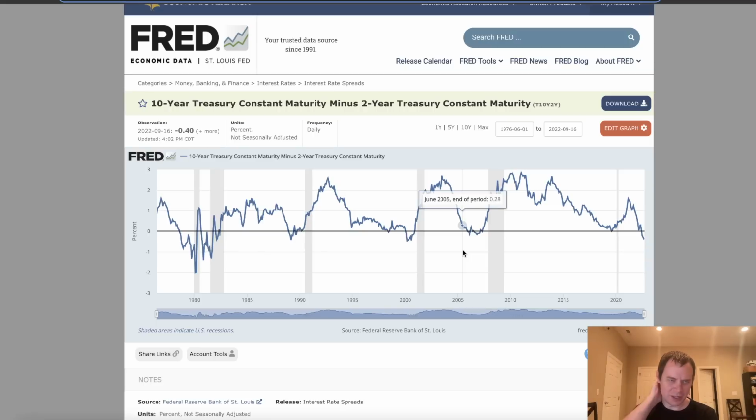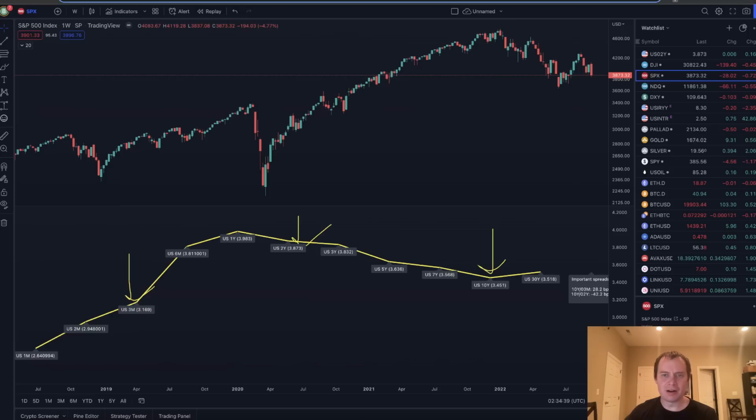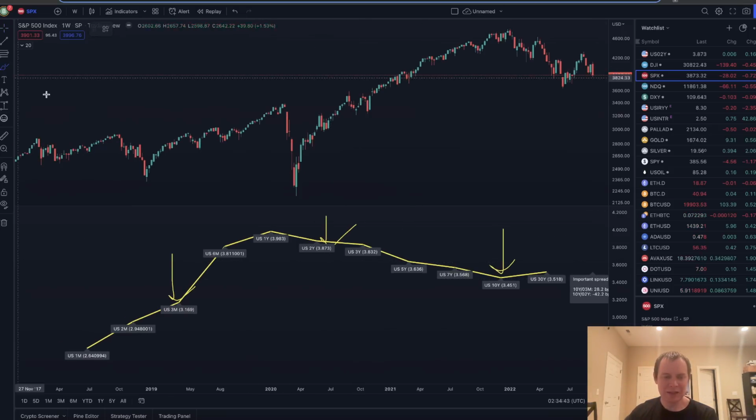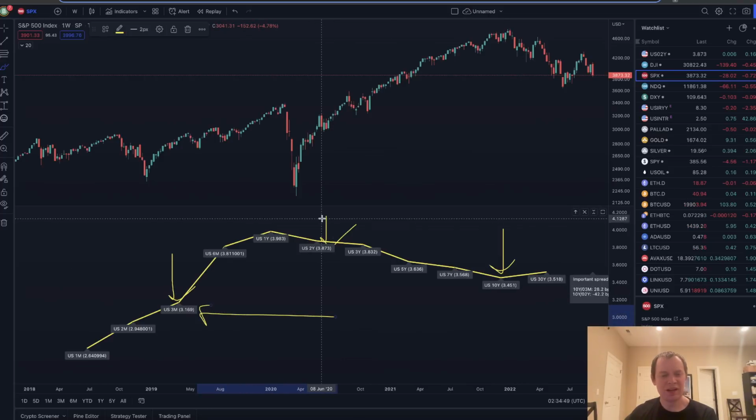Okay? So this is why a lot of people, in addition to pointing to 2 quarters of consecutive contraction with the GDP of the United States, would say that we are in fact in a recession. However, there are also plenty of people that would say a better indicator is when the 3-month inverts the 10-year, not the 2-year.